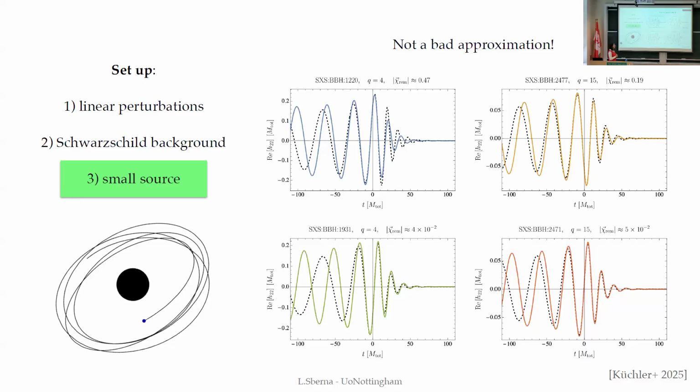And you can see that if you compare numerical relativity simulations with these small mass ratio waveforms in Schwarzschild, and if you look at the right comparison, so numerical relativity simulation with a large mass ratio, 1 to 15, and a non-spinning remnant, so that it's consistent with Schwarzschild, you actually find a very good agreement. So this will be our motivation to choose this setup, which is, of course, simpler than the comparable mass case.